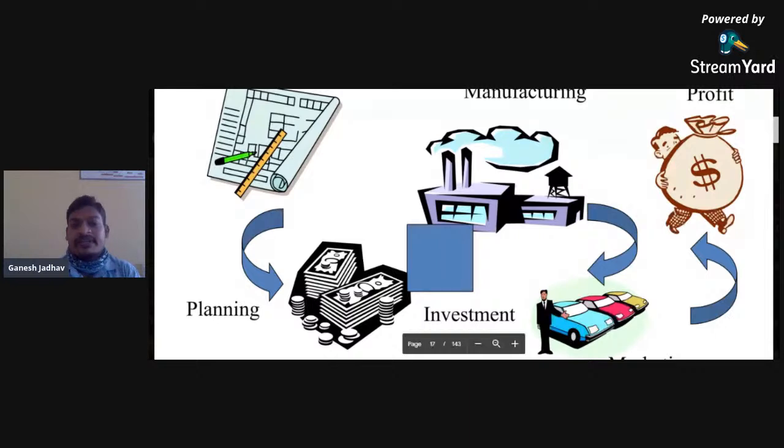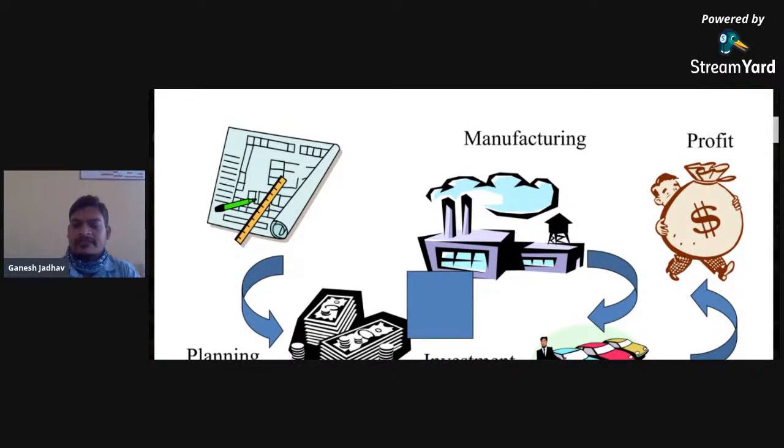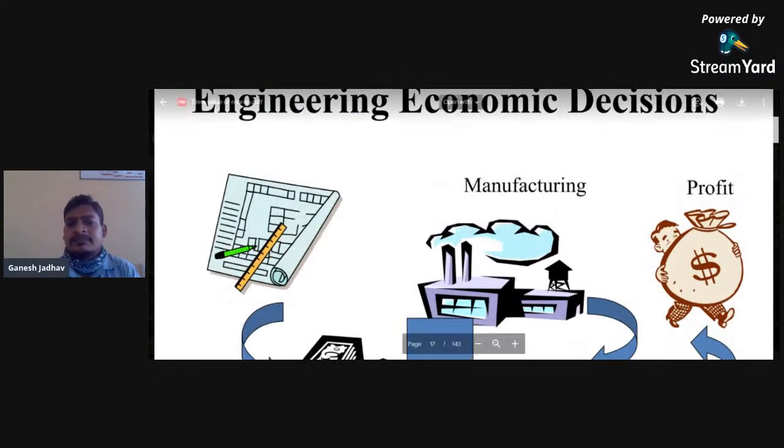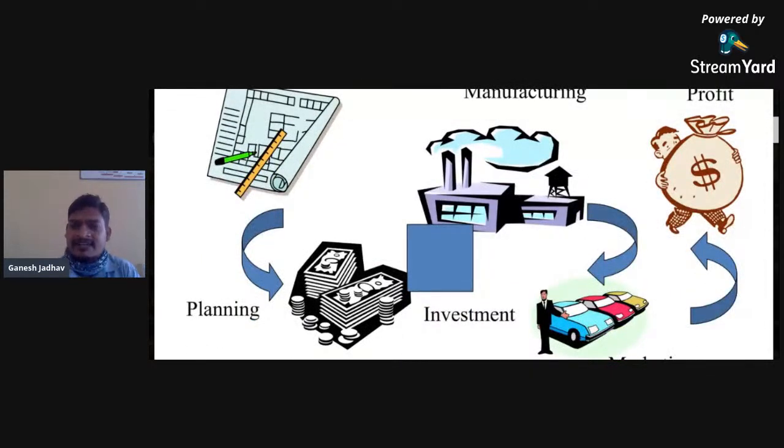From the investment we need to build up or start any organization which is related with the engineering work. The third part is the manufacturing. From the manufacturing we need to get the output, which is the product.